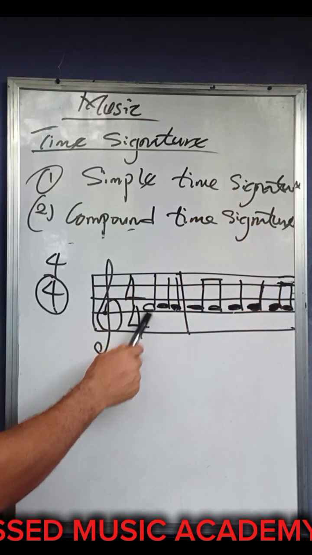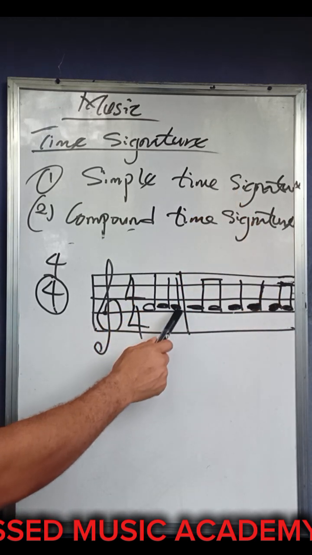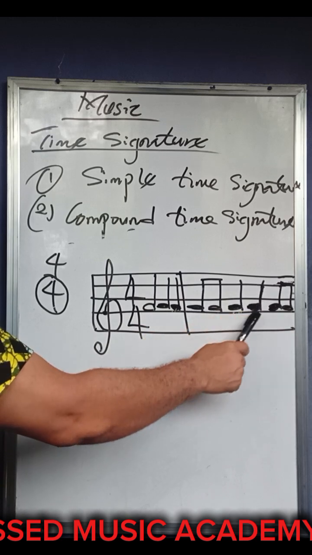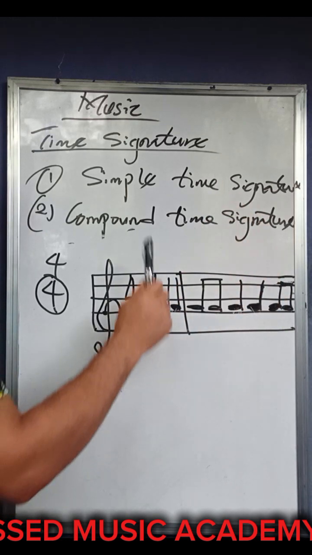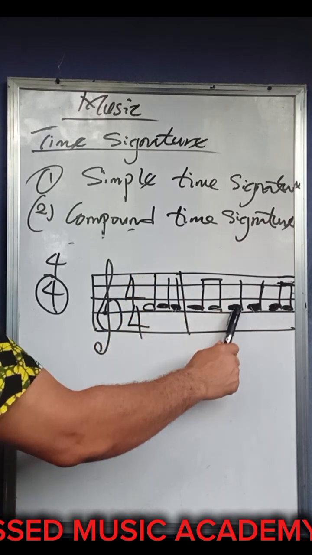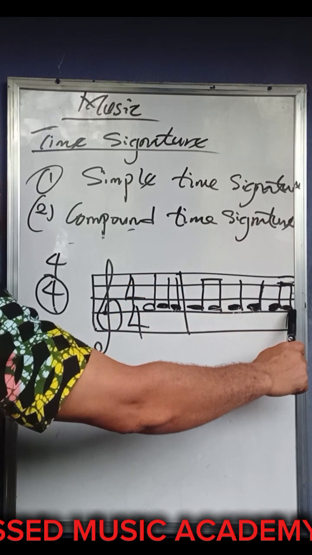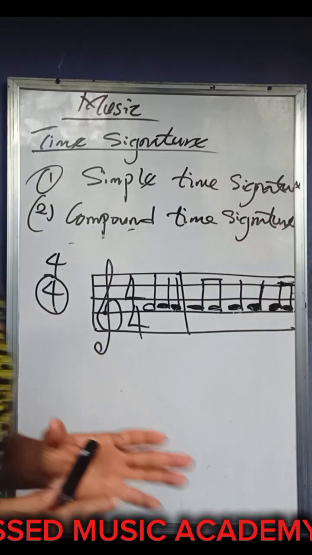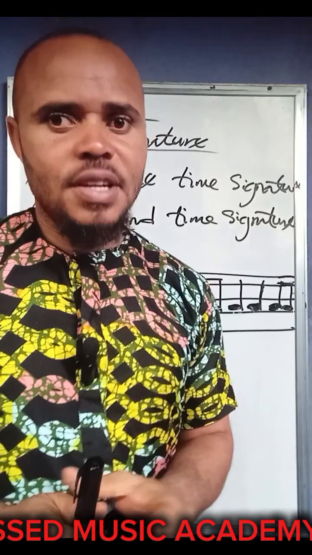Okay, 1, 2, 3, 4. Ta ta 1, ta ta 2, 3, 4. 1, 2, 3, 4. That is the movement. That is for simple time signature.